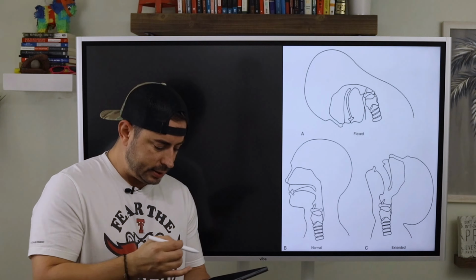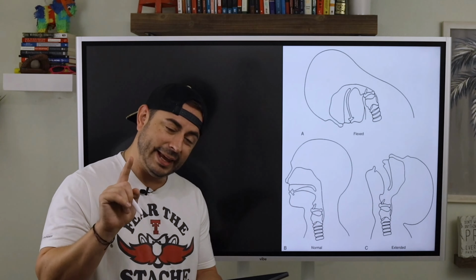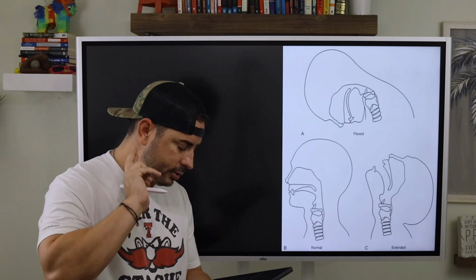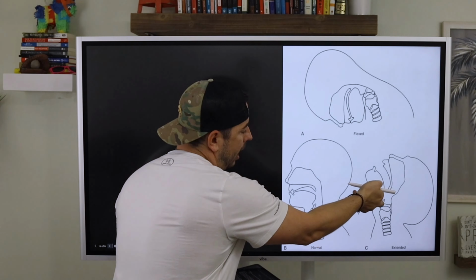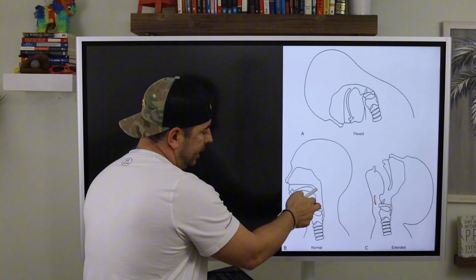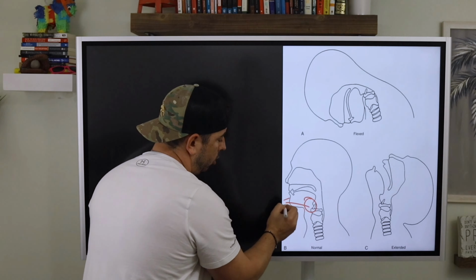The way to do this, I'm going to read this directly from the book. This maneuver is performed by placing the index and middle fingers behind the jaw angle. So we're going to grab back here behind the jaw angle right here, and we're going to pull it forward. So we're grabbing the jaw angle and we're pulling it forward.